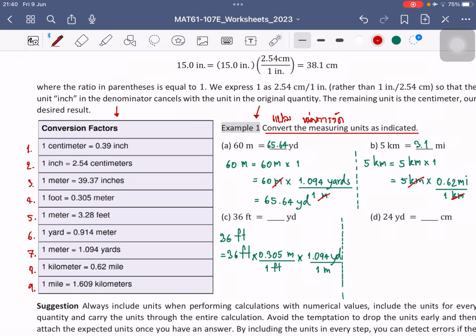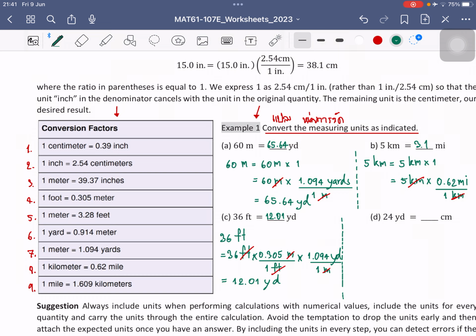Okay, then meter cancels meter, feet cancels feet, and at the end you use a calculator and you will get 12.01 yards.